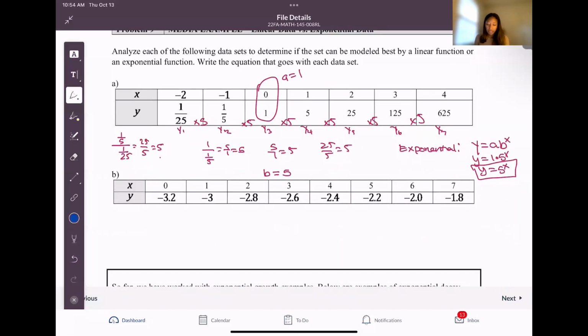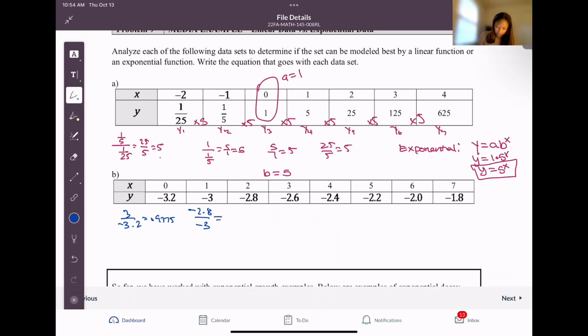For part b, it's not very obvious whether the ratios would be constant or not here. We can check. We can do 3 divided by negative 3.2, and then negative 2.8 divided by negative 3. Let me see what these things are. 3 divided by negative 3.2, that's 0.9375.